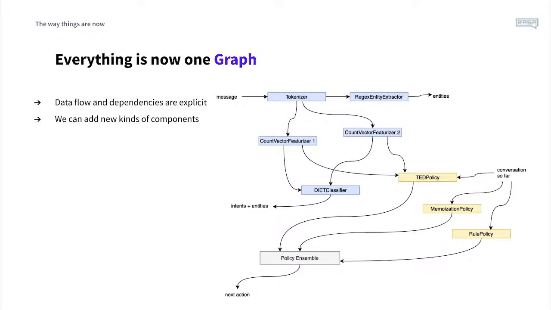Not only are they explicit, but they can also change for each model, depending on how we want the architecture of the model to look. I.e. we can easily have a more traditional model with a split between NLU and core, or we can have a model which works using end-to-end policies. We can also add new kinds of components and new kinds of architectures without having to change the fundamental code base of Rasa, as these graphs are represented as data which is stored in each model.